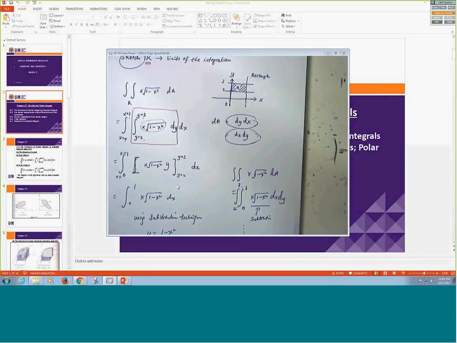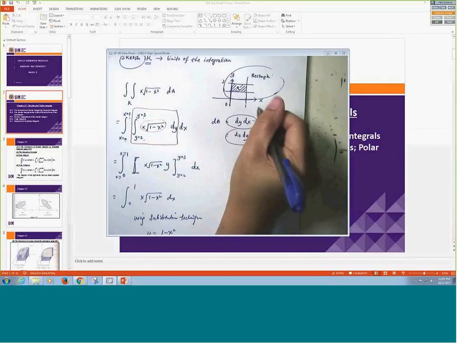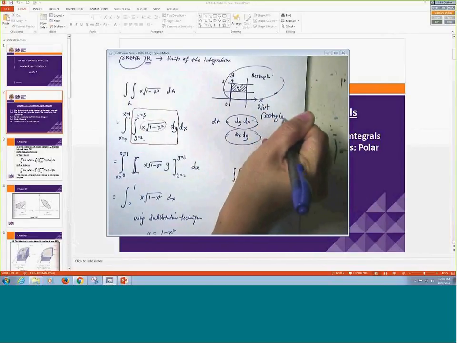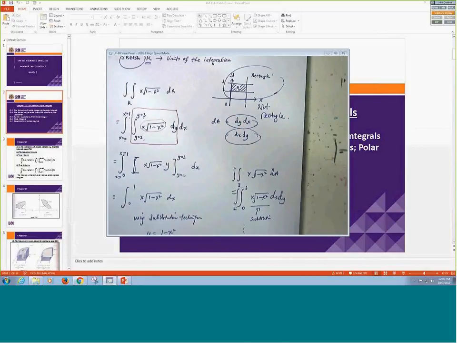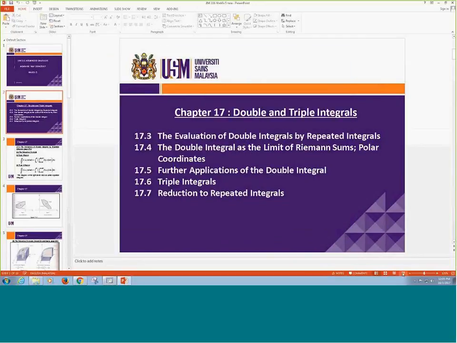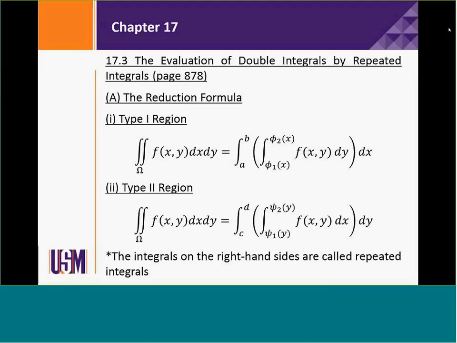Now we move on to another case where the region is not a rectangle. If it is not a rectangle, then sometimes only one of dy dx or dx dy is suitable. There are two types. For a type 1 region, you can only use the form dx dy, where dA is replaced with dx dy.